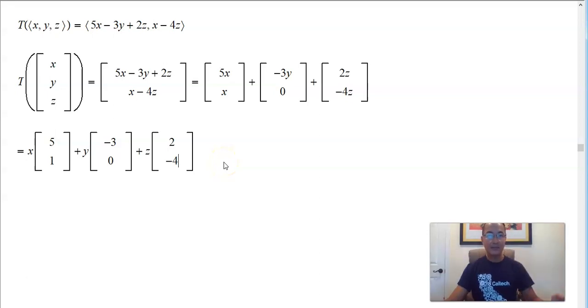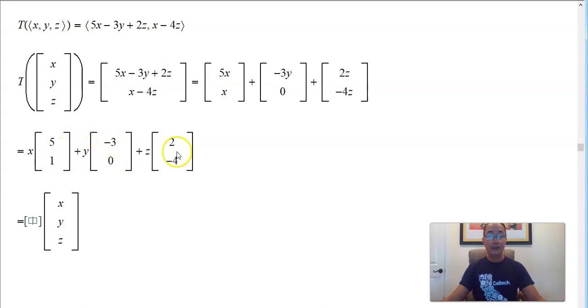I think I may have given it away earlier. That should remind you of just a matrix product. Okay, so the coefficients are x, y, and z, and on the left of it, there should be a matrix. How big should that matrix be?